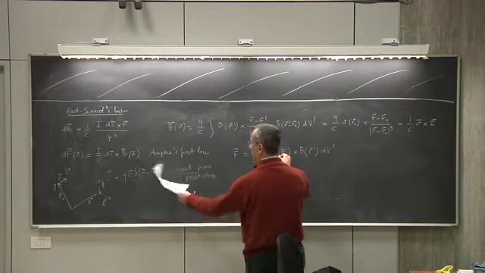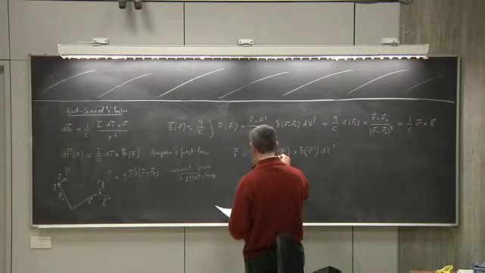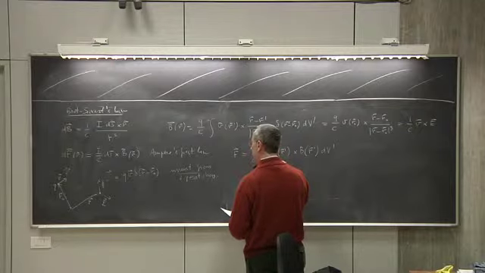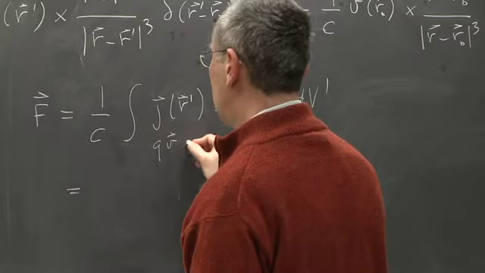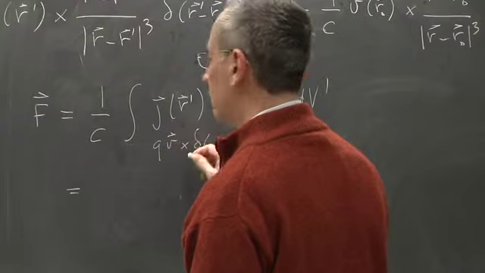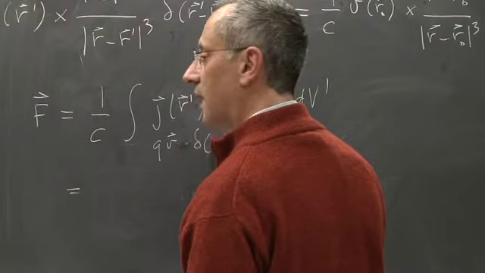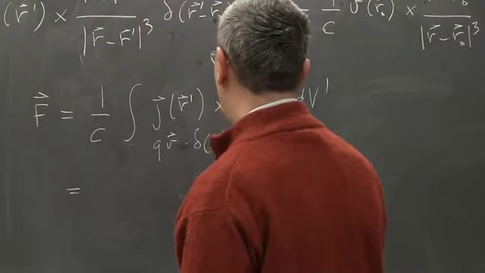So I replace this by that, and you see that if I do that, I get here Q V times delta of R prime minus R naught, right?